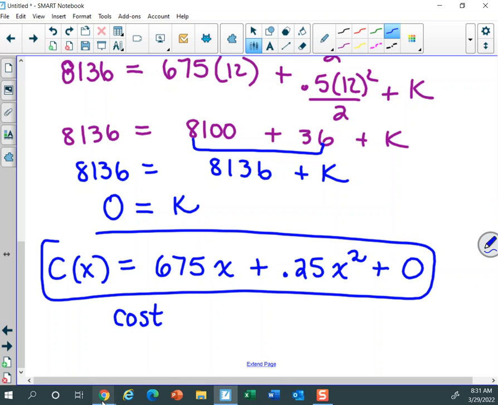So taking a look at the lab, this is pretty much what you would need to do questions 1 through 4. Now the second part of the lab asked you to take a look at the graph you would get if you graph the benefit function and the cost function.